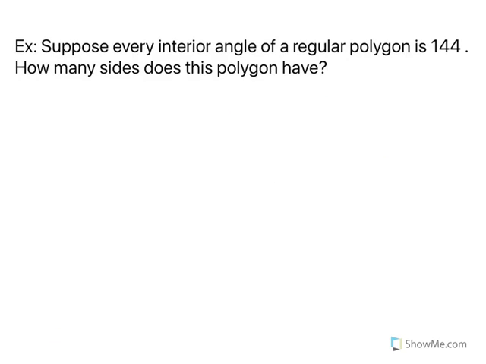Okay, let's look at something else. Suppose every interior angle of a regular polygon is 144 degrees. How many sides does this polygon have? Every interior angle is the sum divided by the number of sides, so 144 is the same as S over n.